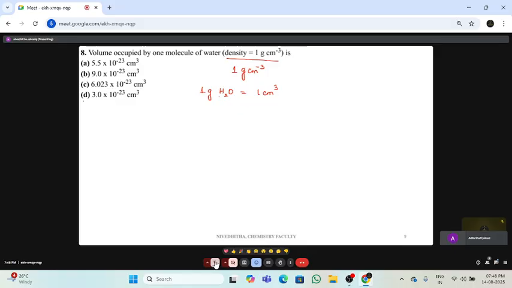So if 1 gram of water occupies 1 centimeter cube of volume, then we have to find how much volume is occupied by just 1 molecule of water. What shall we do?